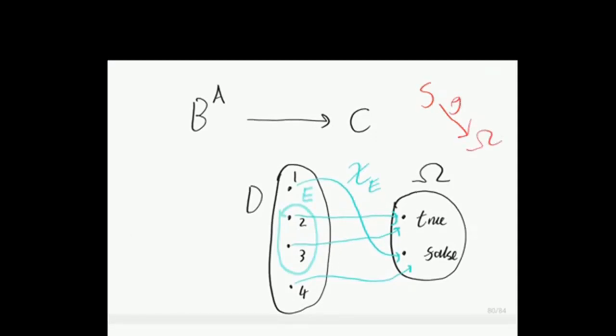And if we write omega to the power of S, we can think of this as the space of parts of S.